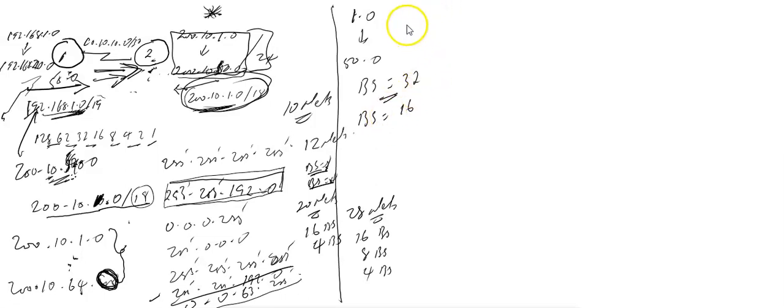All right, so let's use that method now. If I'm using block size of 32, BS equals 32, of course, for my formula, I'm going to determine my IO. My IO will be what? 256 minus 32, and that gives me 224.